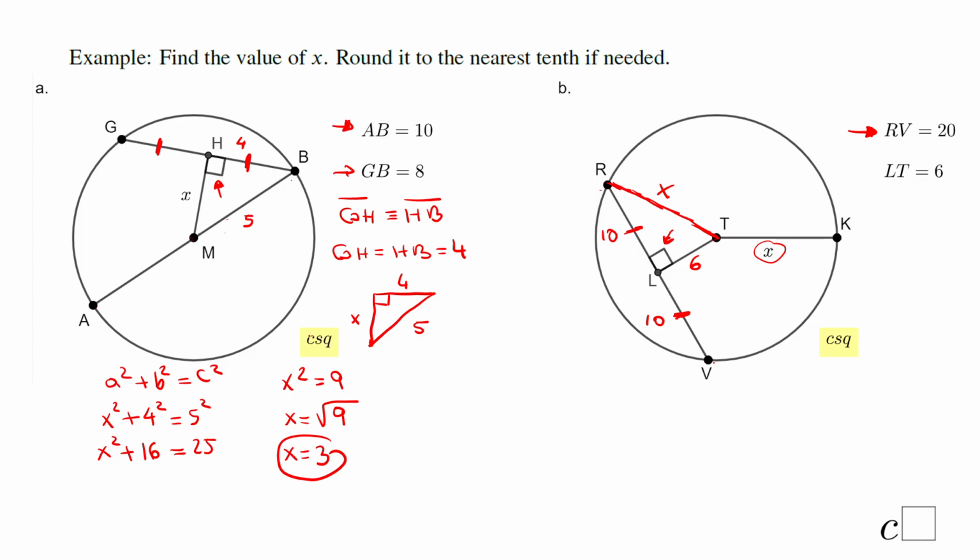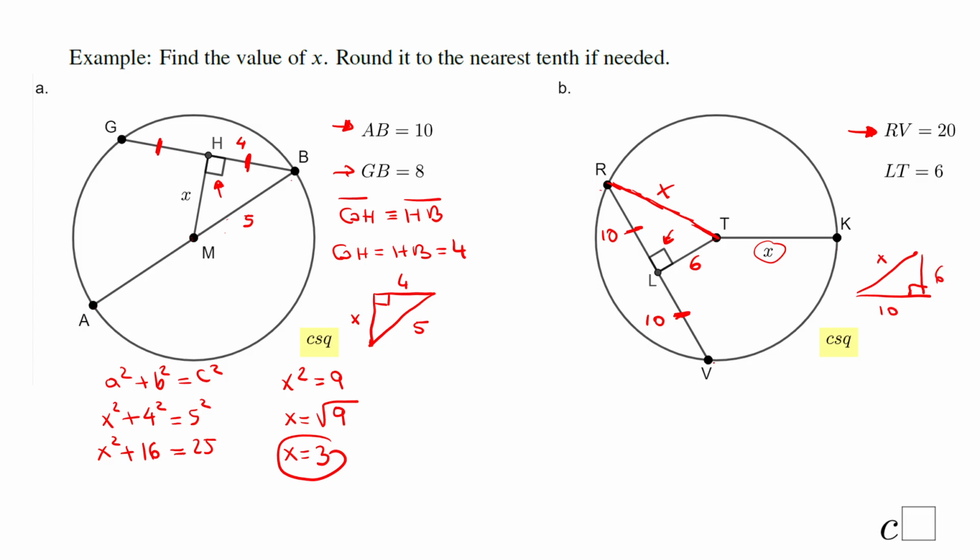So now we do have a right triangle, which I'm going to draw here. It's going to be something like this. This right angle is angle L, this is x, and we have the two legs, 10 and 6.